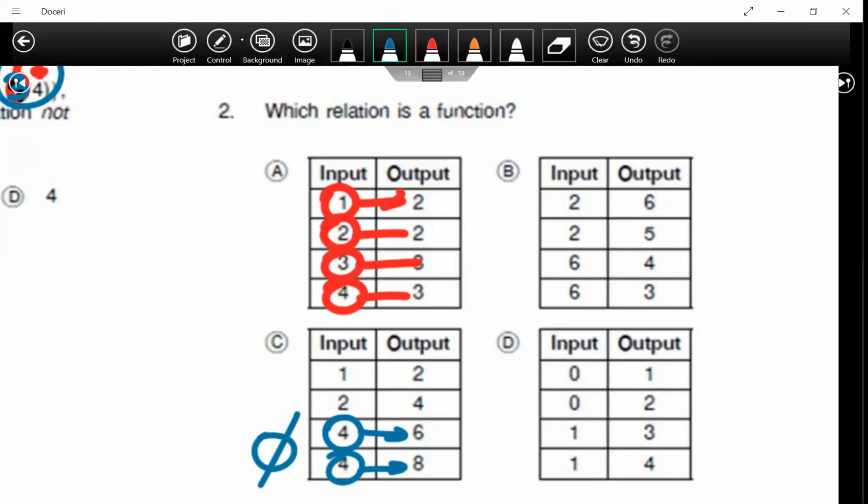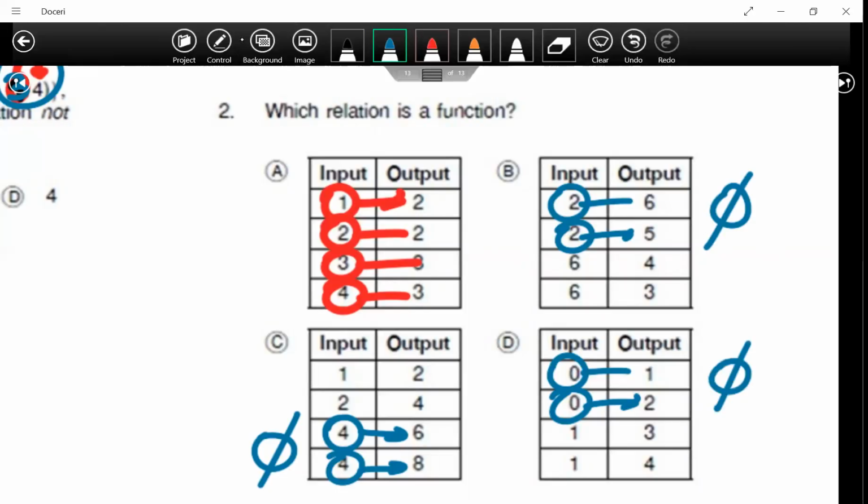Okay. This next one, 2 goes to 6, 2 goes to 5, would make it not a function. 1 x to 1 y. And our last one down here, either one, 1 x to 1 y. Makes it not a function.